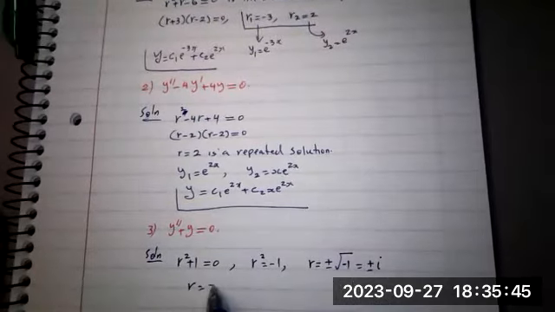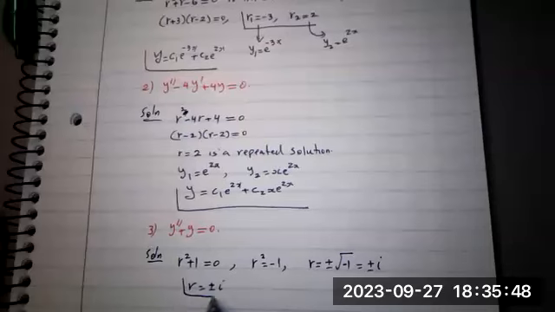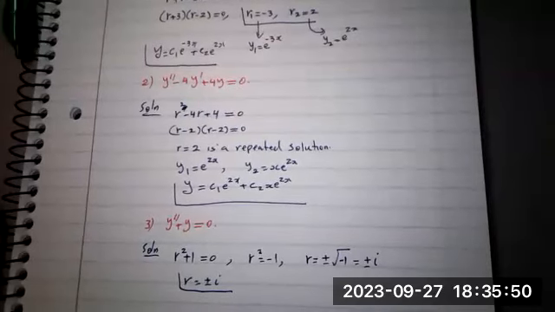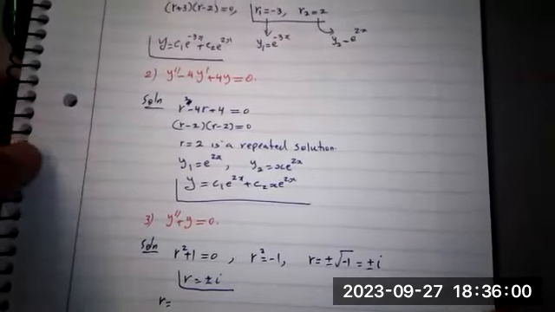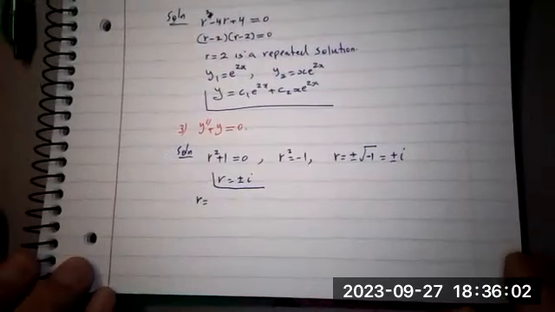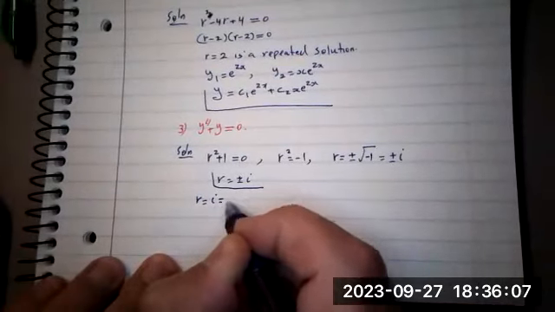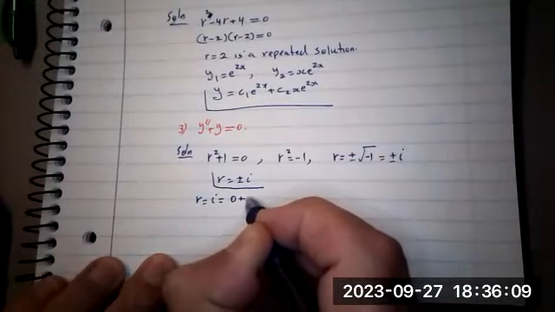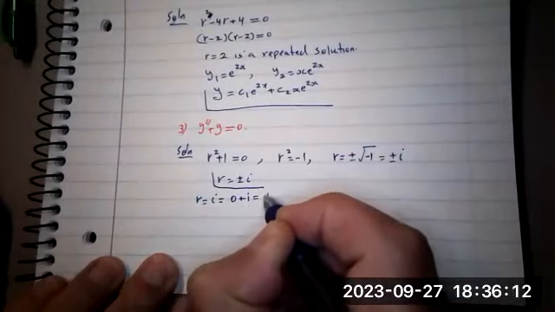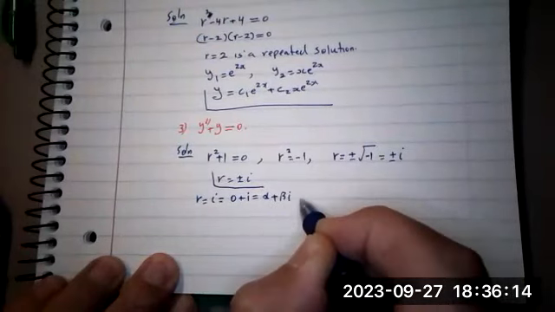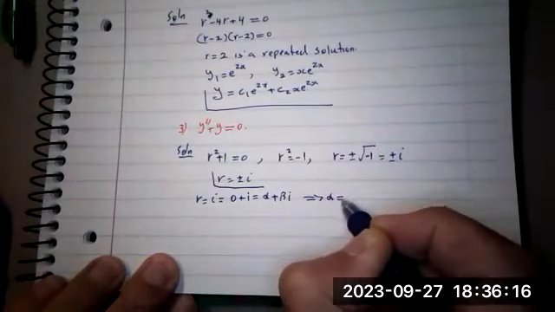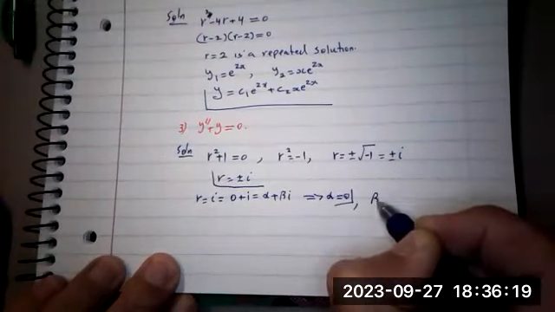So r is equal to plus or minus i. You don't have to consider both of them, you just pick one of them and identify alpha and beta. So r equal to i, which is something like 0 plus i. This is the form you call alpha plus beta i. So your alpha would be 0, and your beta is 1.